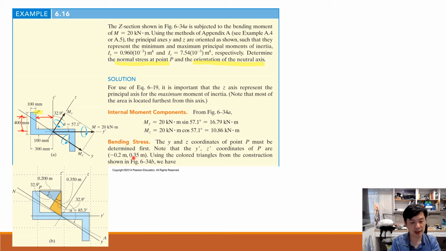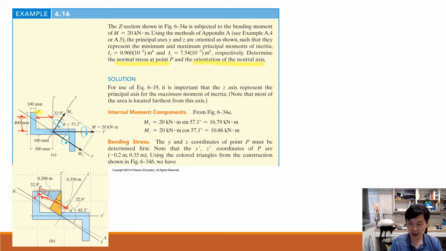Okay, so that's the case for P. And then based on the color triangle, this is the color triangle we'd like to see, you can use that to determine the coordinates of P in the new axes. You need to know the distance of this one and the distance of this one. So you need to know these two distances for P.